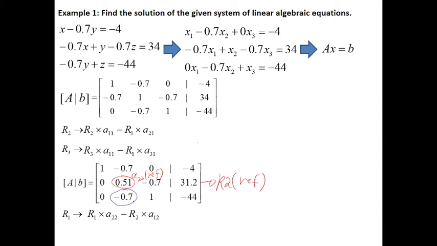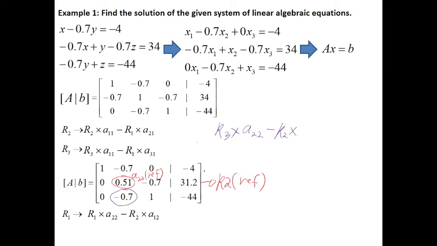Row 3. No? Nasa row 3. Anong i-multiply ko sa row 3? Reference element, A22. Anong ma-minus ko? Ma-minus ko yung row na kung saan nakalocate yung A22. Yun yung R2. Na i-multiply ko sa element na gagawin kong 0. Ito, negative 0.7.